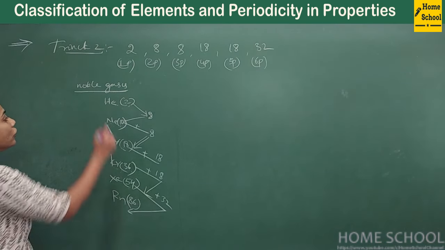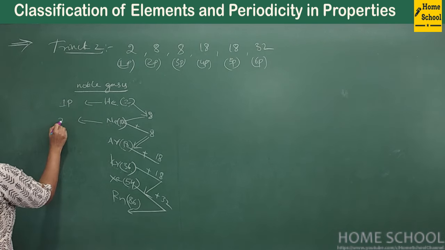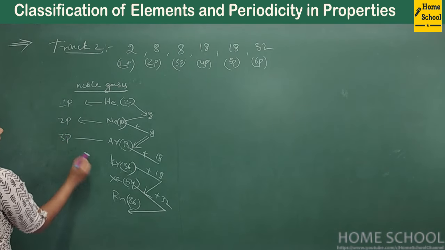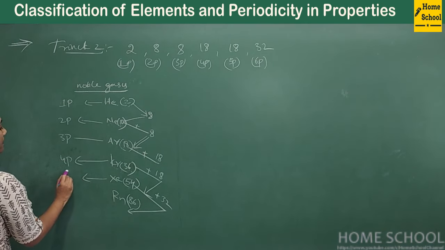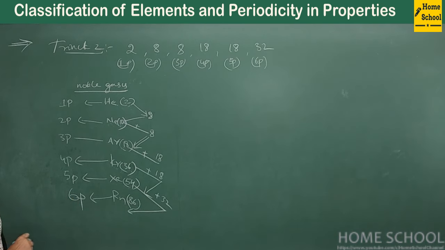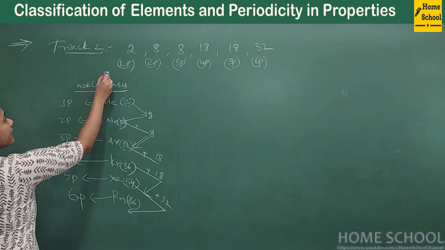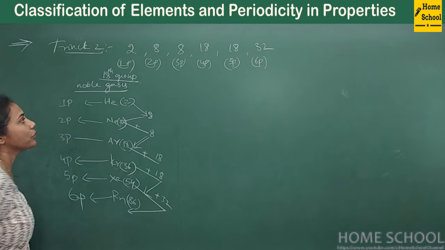Okay, and we all know helium comes in the first period, neon comes in the second period, right? And argon comes in the third period, krypton in the fourth period, xenon in the fifth period, radon in the sixth period, isn't it? And all these elements come in the 18th group, right?